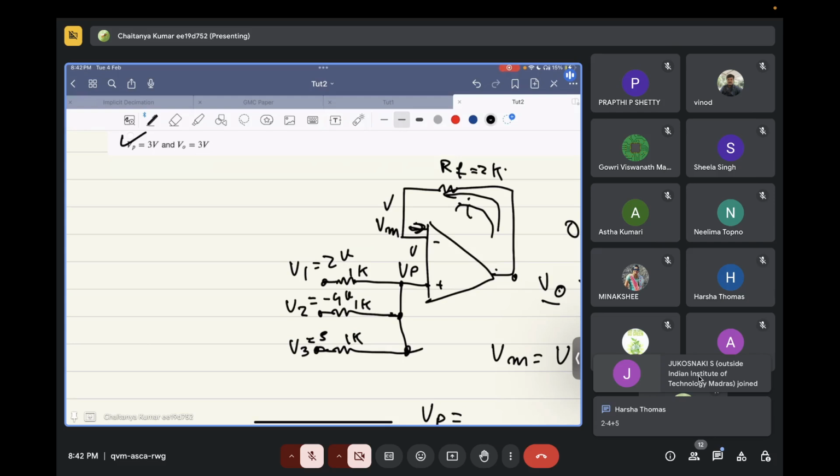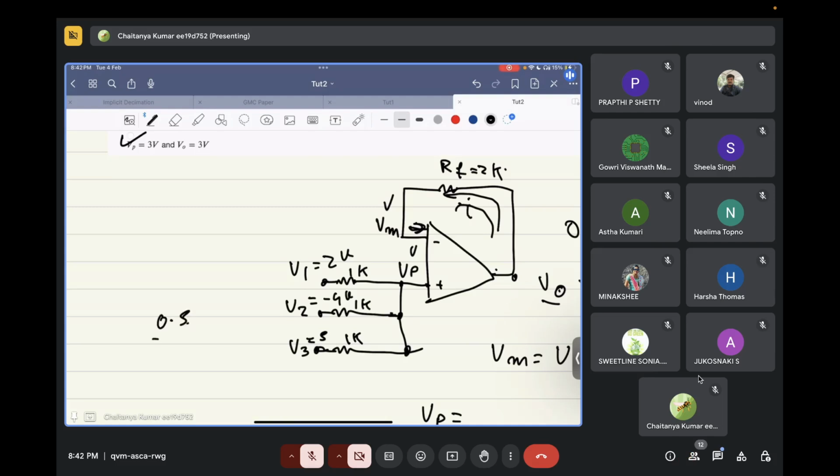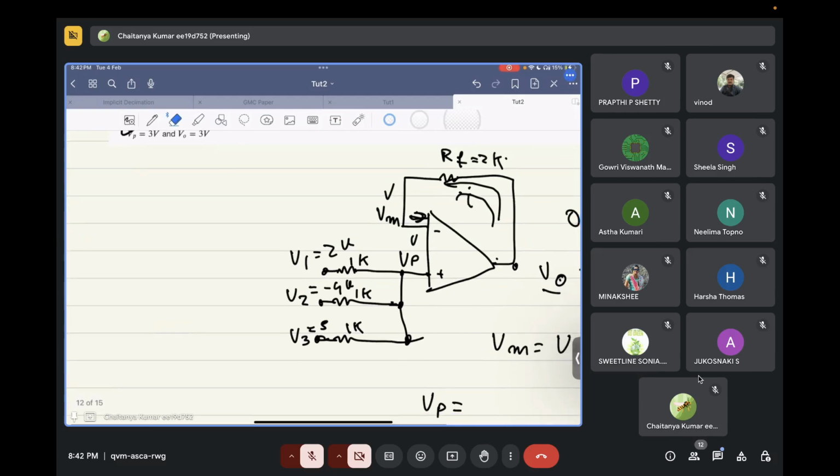It will be 2 minus 4 by 5, correct? So that's how you will find out Vp. Is this clear? Actually, it will be 0.5 by 1.5.